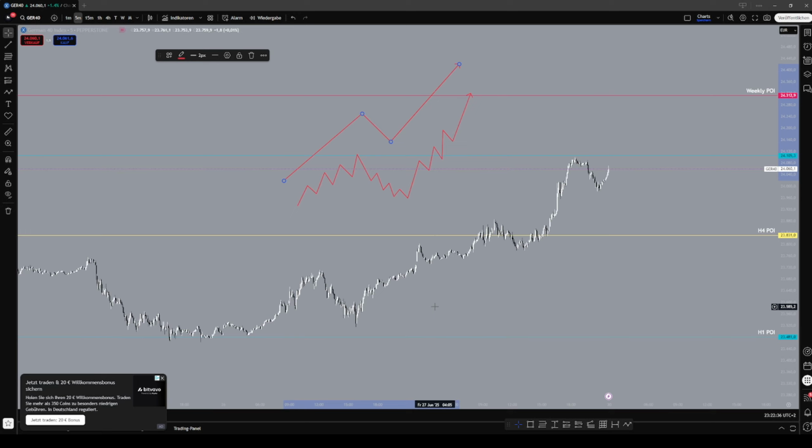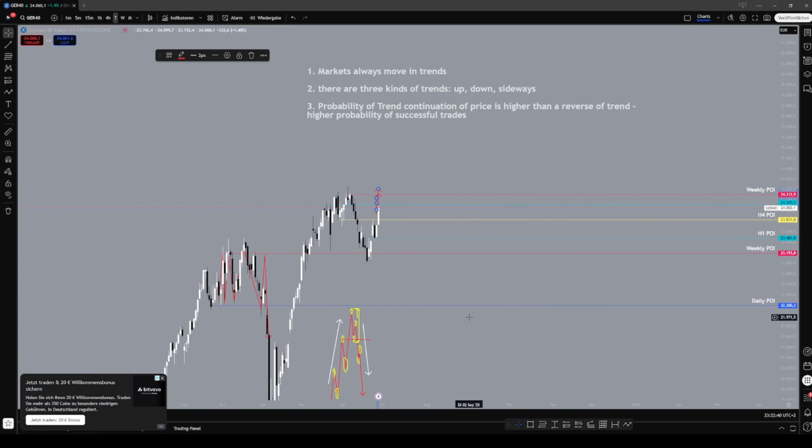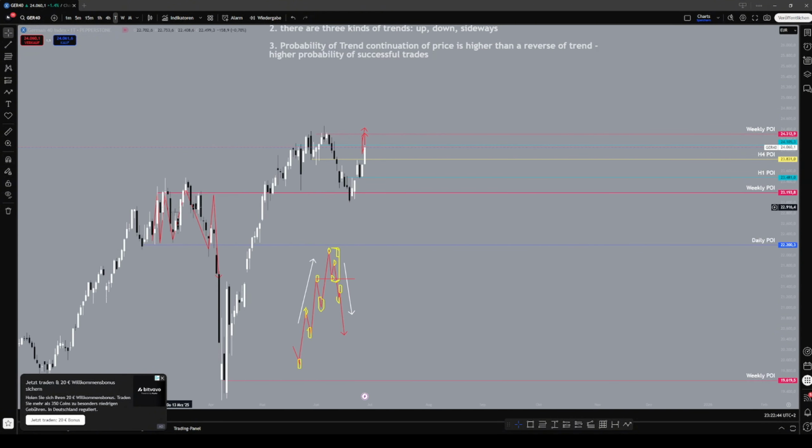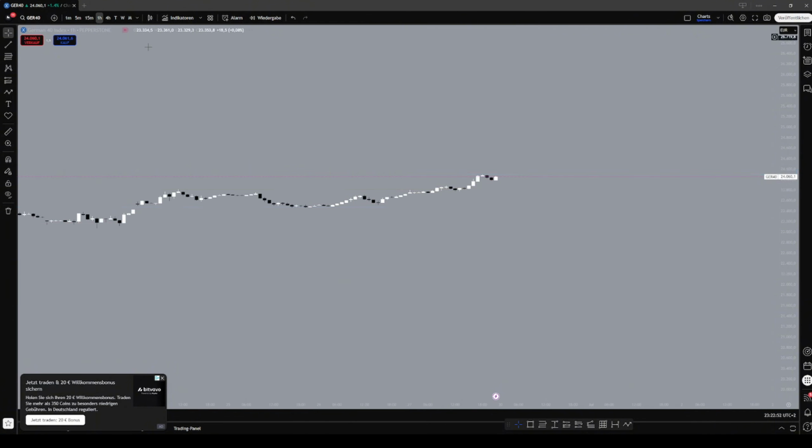But you also have to take into account that you have to start with a higher time frame and identify the trend there, because the higher time frame trends are way stronger than the lower time frame trends.